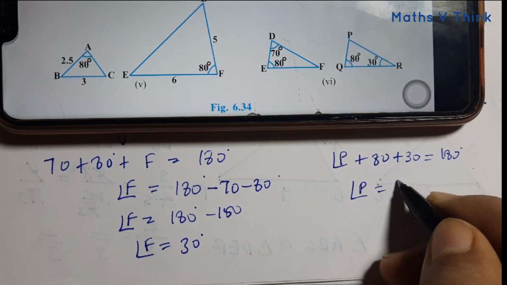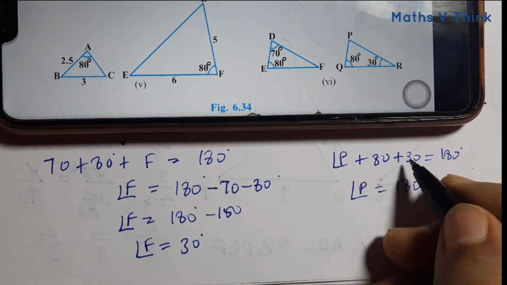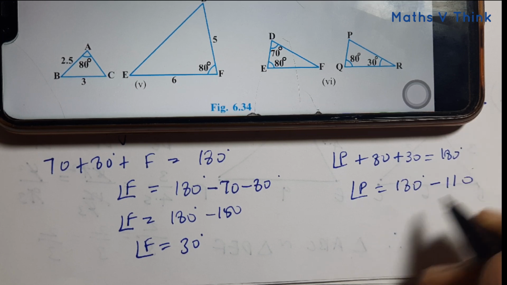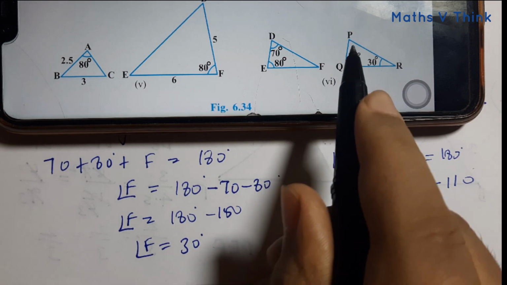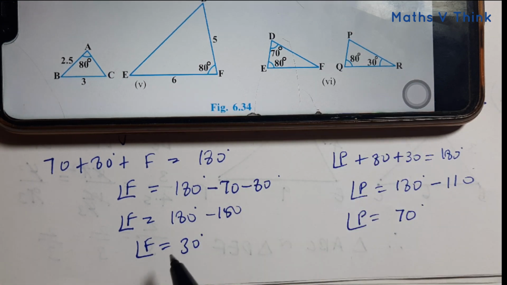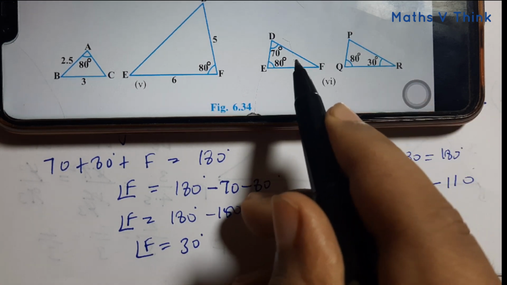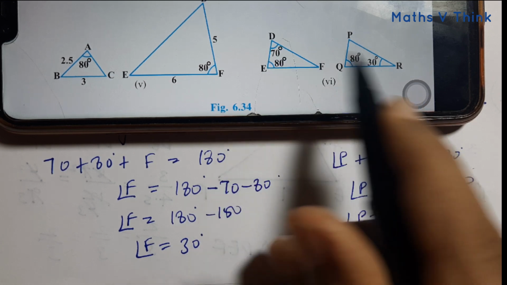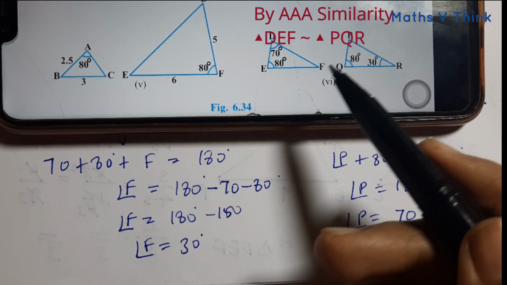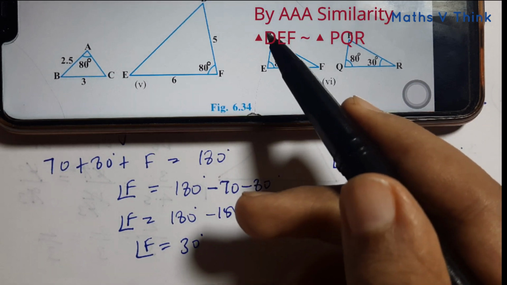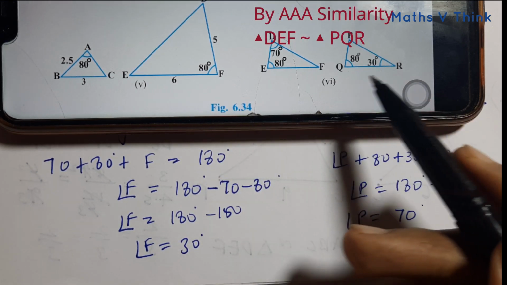So angle P is equal to 180 minus 110, so angle P is equal to 70 degrees. I got angle P as 70 degrees and angle F as 30 degrees. So all the corresponding angles are equal. So by angle similarity, I can tell triangle DEF is similar to triangle PQR.